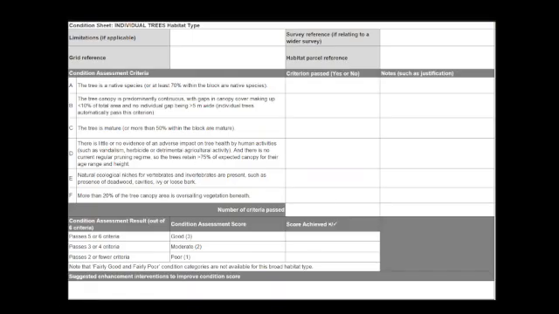We do have individual trees as well. So there's an individual tree assessment. This works on the same basis, but you've got fewer questions this time. So is the tree a native species, or at least 70% within the block native species? The tree canopy is predominantly continuous, with gaps in canopy cover making up less than 10% of the total area. Tree is mature, more than 50% within the block are mature.